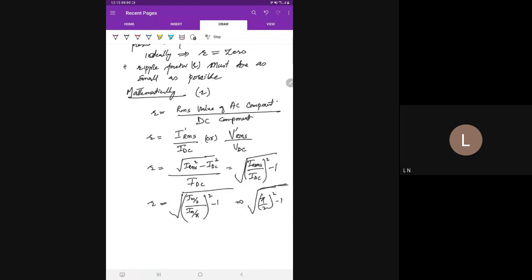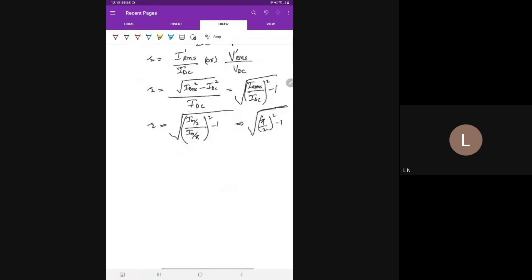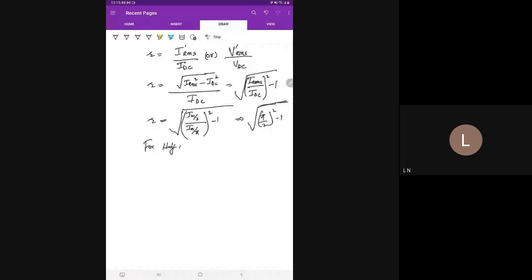So for a half-wave rectifier, the ripple factor is equal to root of pi by 2 whole square minus 1. Once we substitute the value of pi in this equation, we find that for a half-wave rectifier, the ripple factor is equal to 1.21.